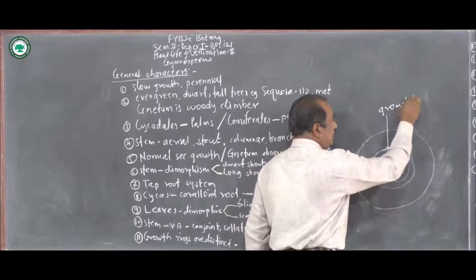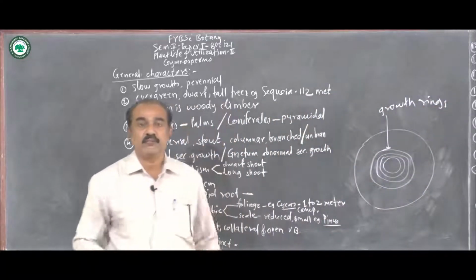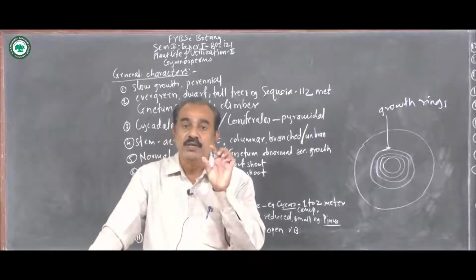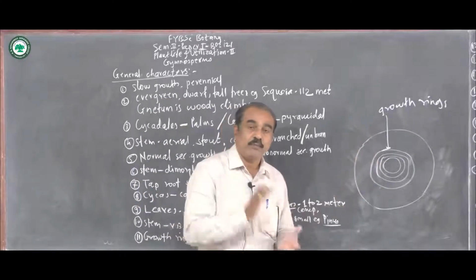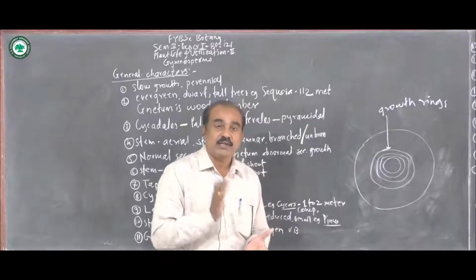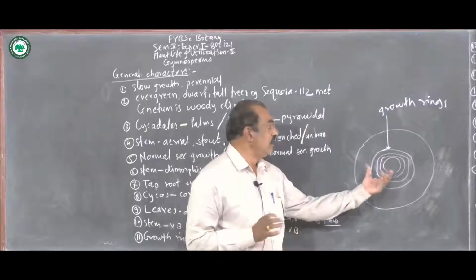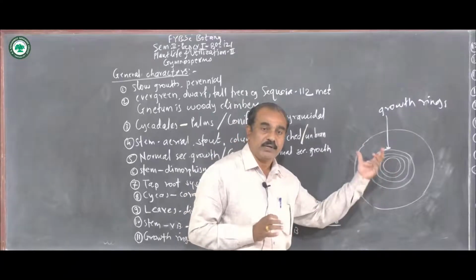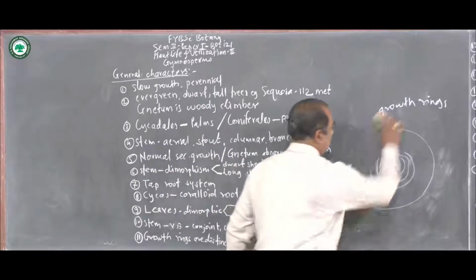Each growth ring is nothing but the development of the xylem in a single year. So these growth rings, which are formed by the xylem only, are also called the annual growth rings. And they indicate the age of that particular stem or that plant.